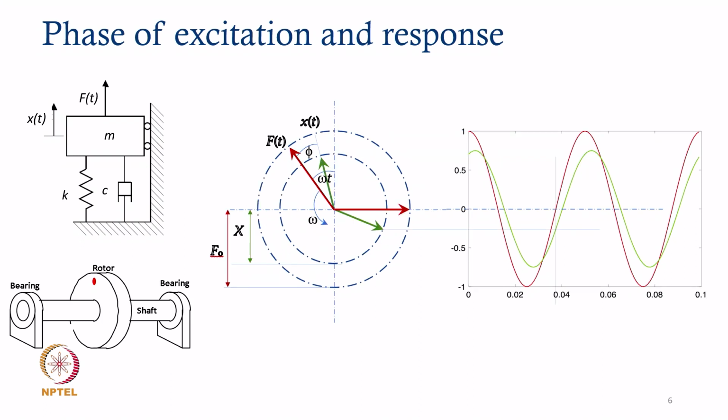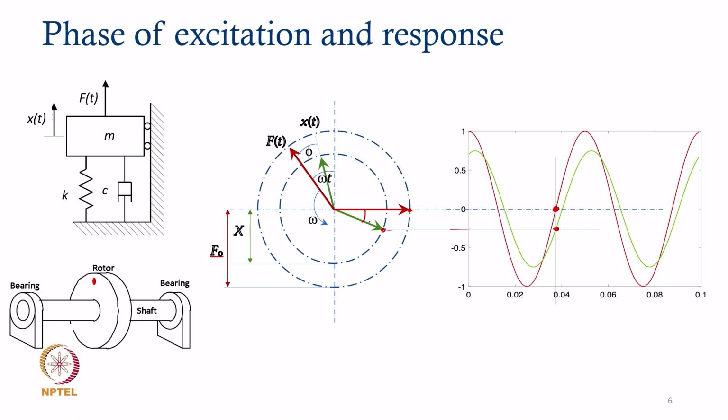So, I will give you another example. Maybe after 3/4 of a rotation, the force vector comes back to this particular horizontal position, which means that the value of this force is 0 here, and at the same instant of time the response lags behind the force vector by an angle of phi. Okay.